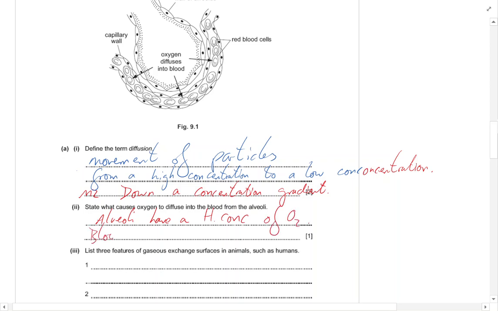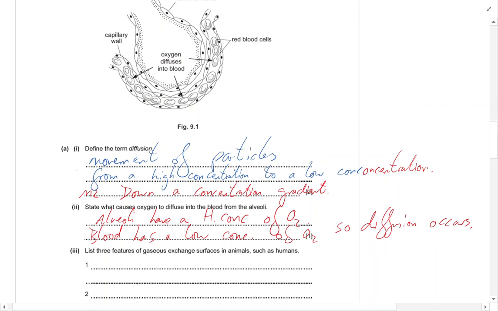The blood has a low concentration of O2, so diffusion occurs from the high concentration that will be in the alveoli. We've got lots of O2 here and very little O2 in the blood, so it diffuses across.